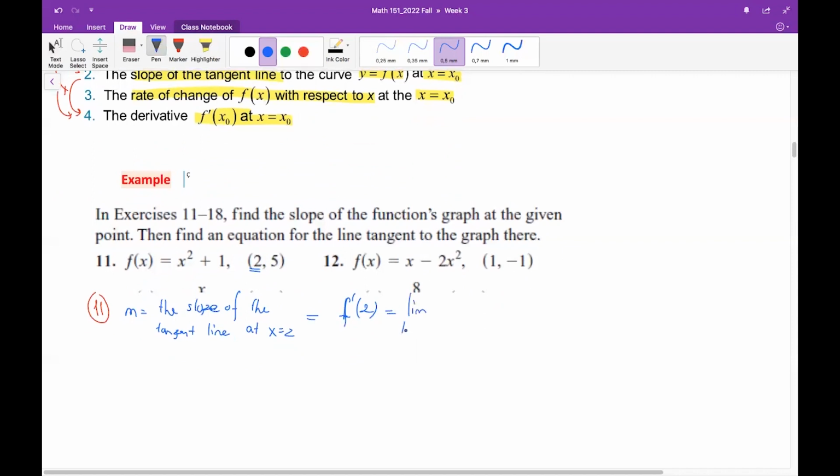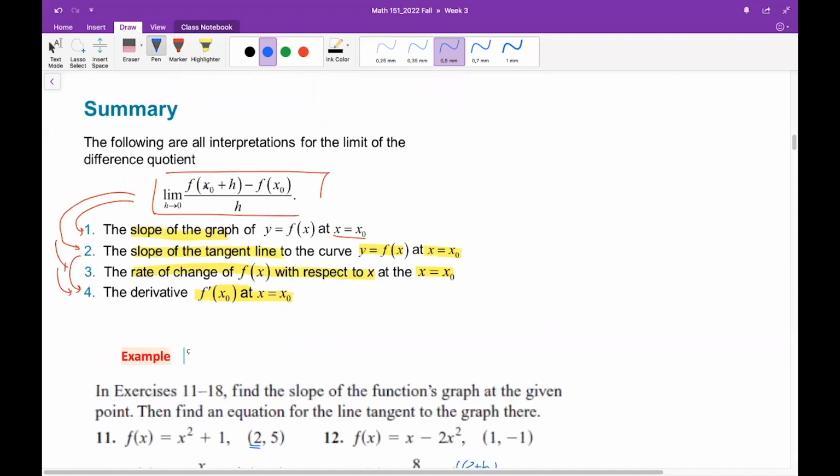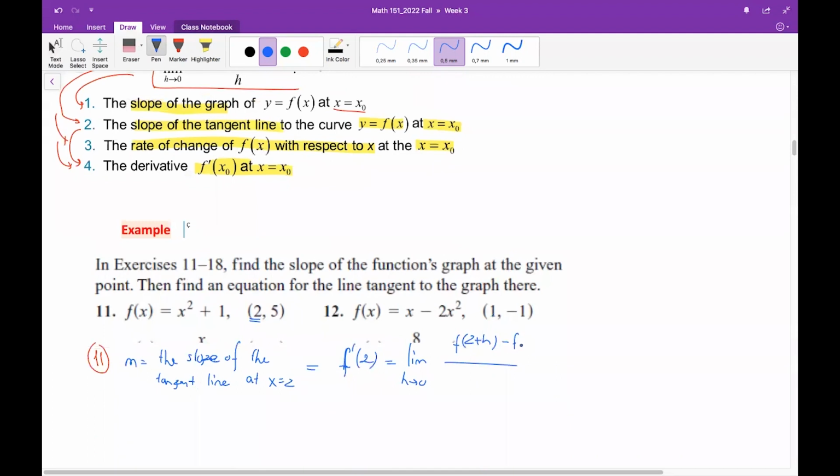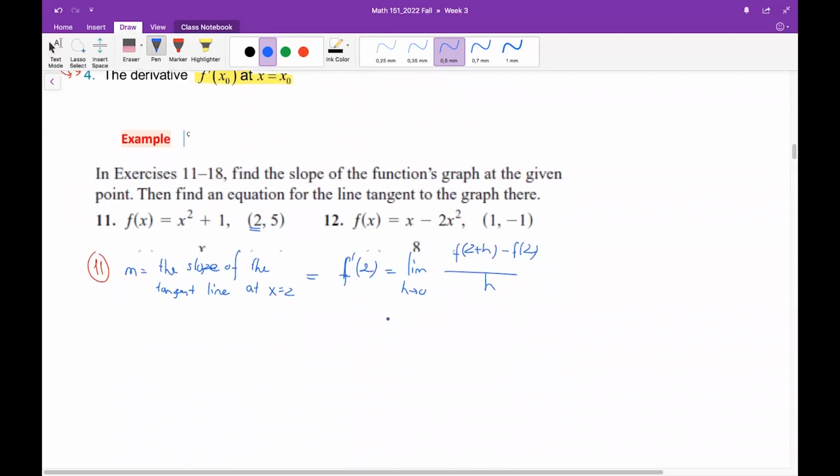So now I pass to the limit part. Limit of our function f(2 + h). You see, instead of x0, now I am putting 2, minus f(2), divided by h, okay. Limit as h goes to 0, what is f(2 + h)? You know this expression for your f. So take the square of your point plus 1. And similarly minus what? Square of 2 plus 1, divided by h.